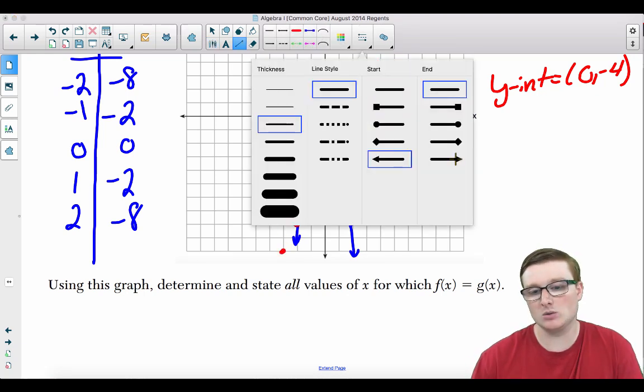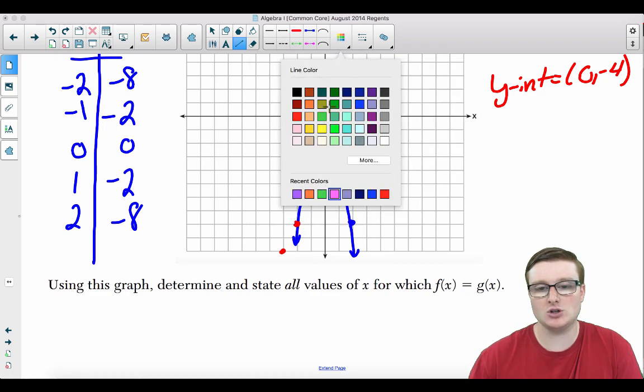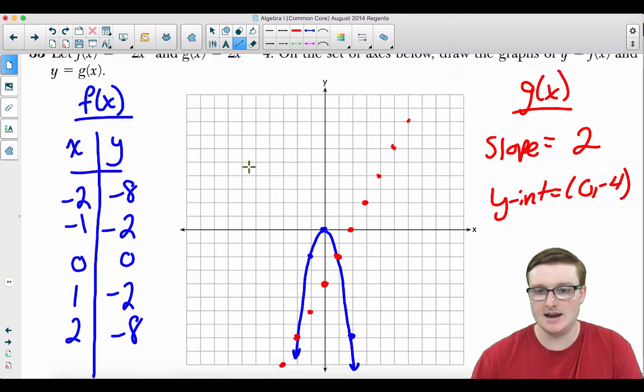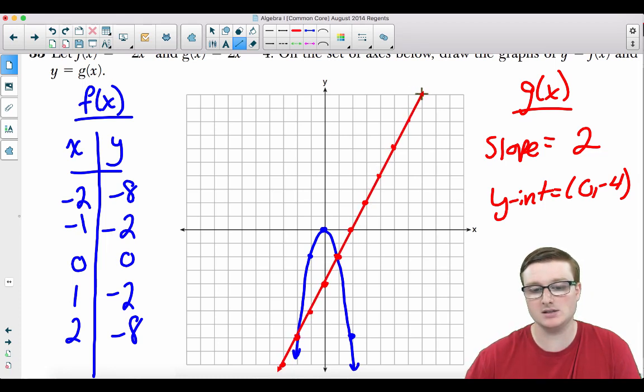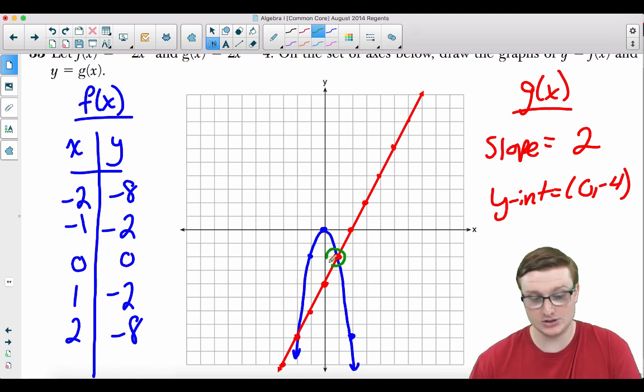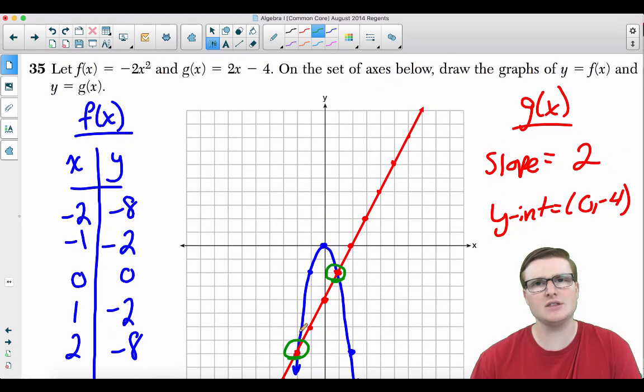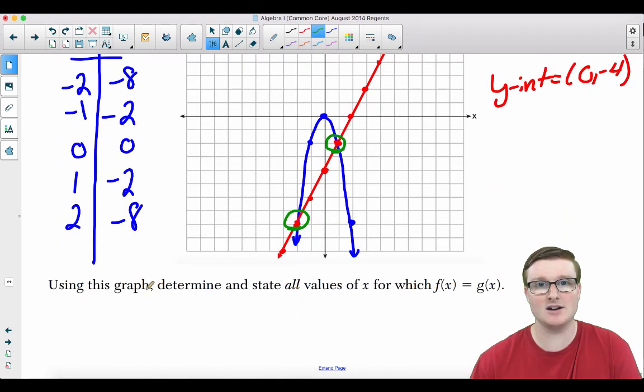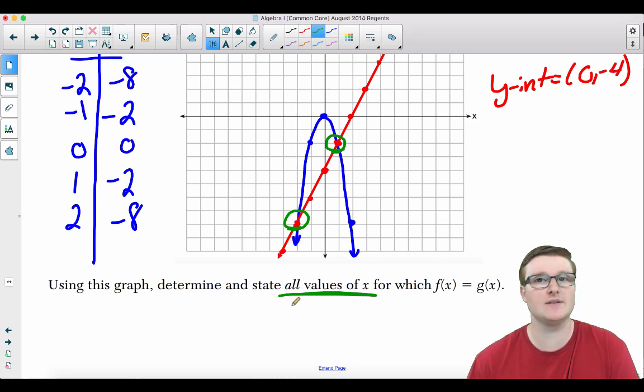So from here, I'm just going to create my line. Now, notice that there are, in fact, 2 intersection points on here. So this is an intersection point, and this is an intersection point. Do you think they'll ask us about that? They sure will. Down here, using this graph, determine and state all values of x for which f of x equals g of x.